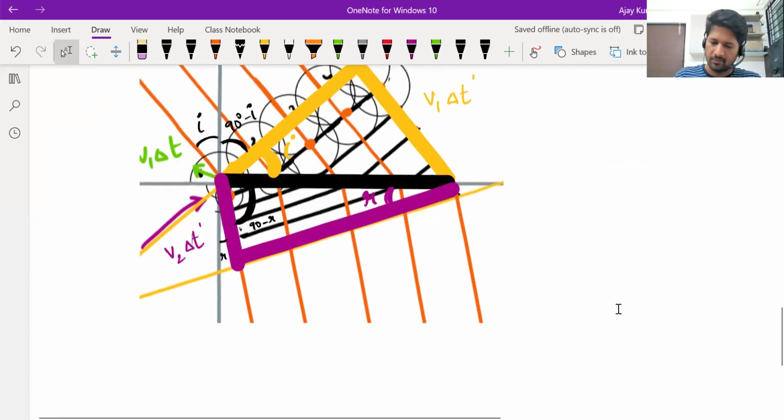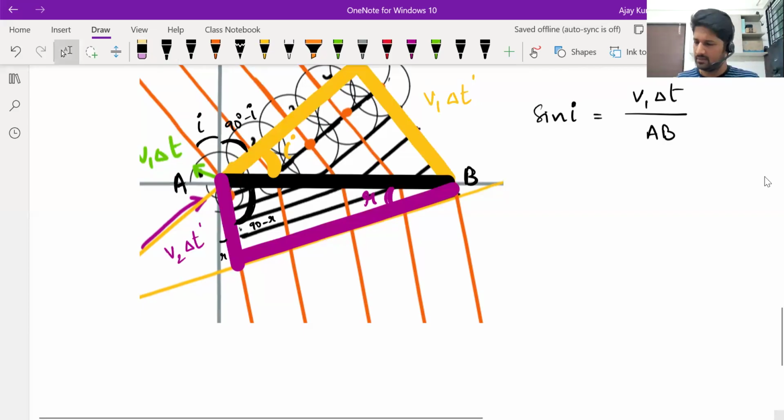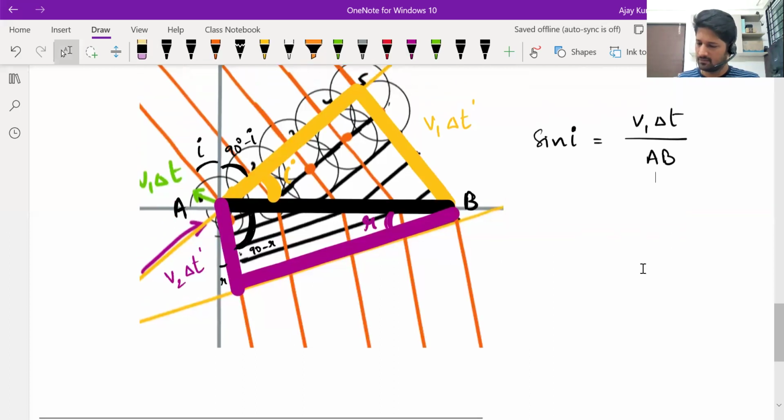Now in the upper right angle triangle, you can see that sine is nothing but opposite by hypotenuse. Opposite is v1 delta t divided by the hypotenuse of the right angle triangle, you can call it AB, the common side to the two triangles, or you can call it distance D, whatever it is.